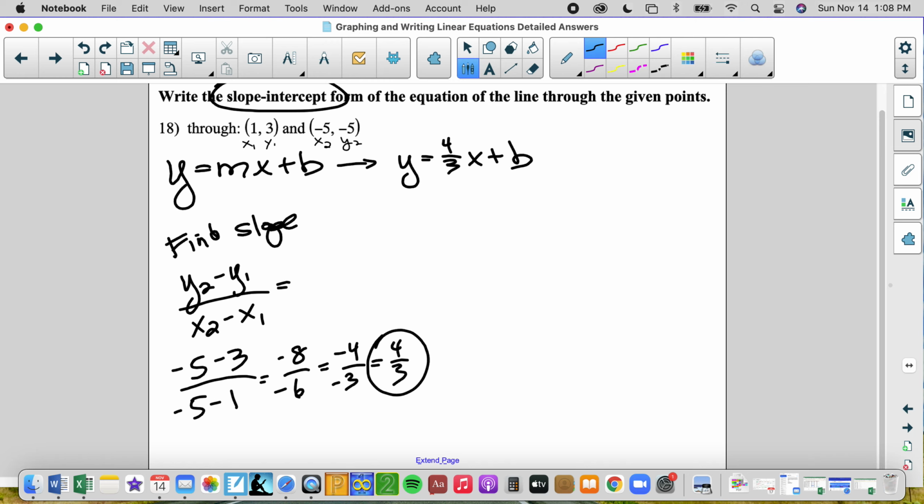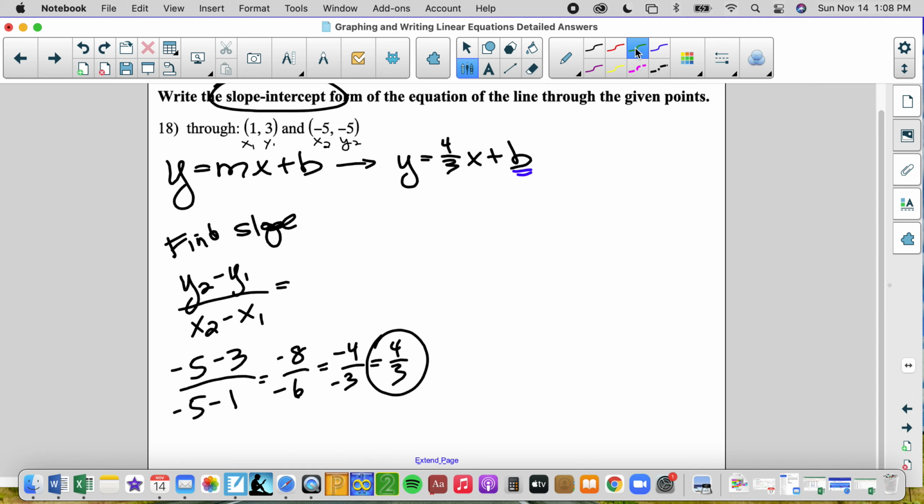So now I still need to find my y-intercept. I can pick either point. I'm going to pick the first point. It's just going to be easier. And I'm going to plug that in for x and y. So my y value is 3 equals 4/3 times, oh, sorry, not 4, times 1.